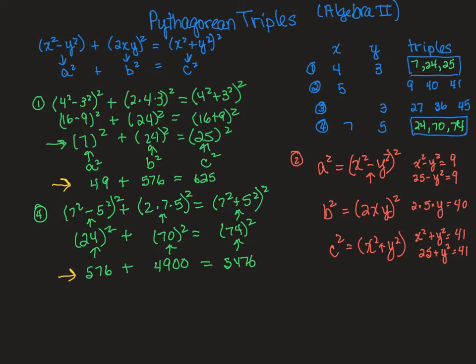Here I need 16, because 25 minus 16 is 9. So if Y is 4, go back and check: is 4 squared 16? Yes, it is. So Y equals 4. See if you can do it with number 3.